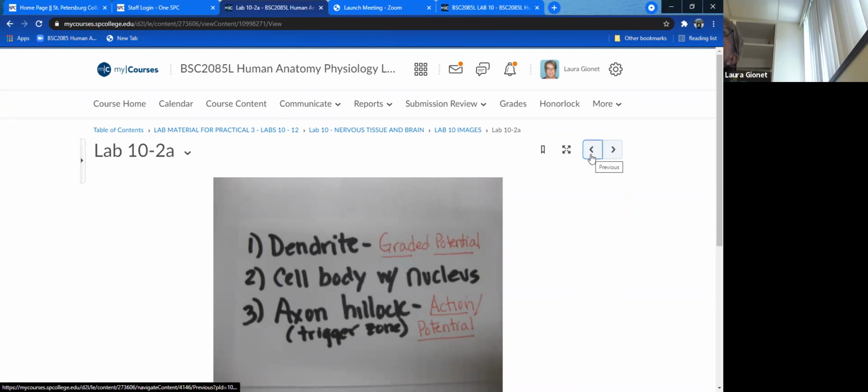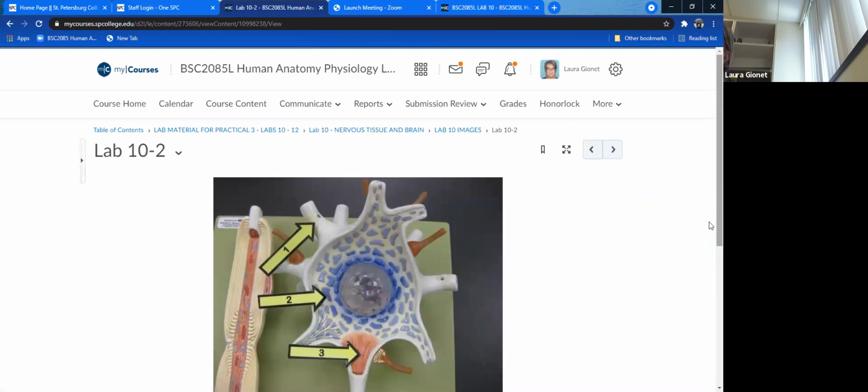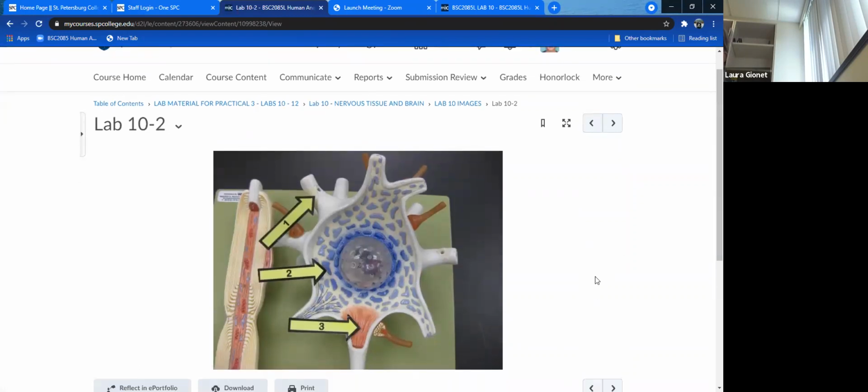Right, so while we're looking at these, and I'll just go back, it was exercise 2 or 3, about where on a model you might find graded potentials versus action potentials. Graded potentials would be at things like number 1, dendrites, and action potentials down here at 3, and just below 3, where you have the beginning of your axon.